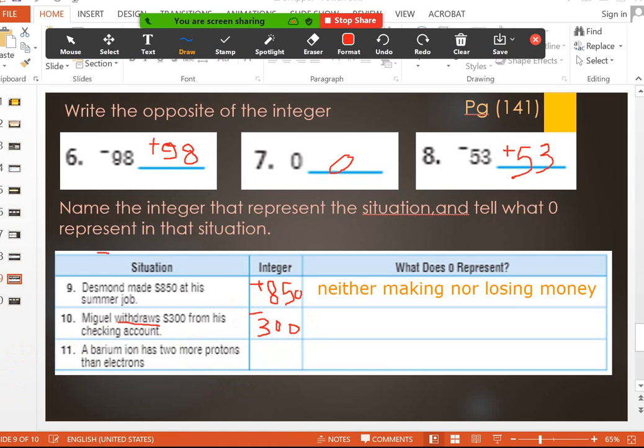What about 0? What does 0 represent in this situation? That means there is no withdrawal or deposit.